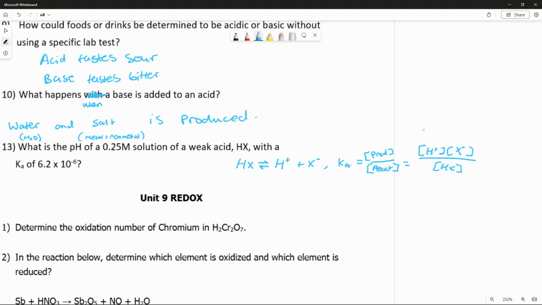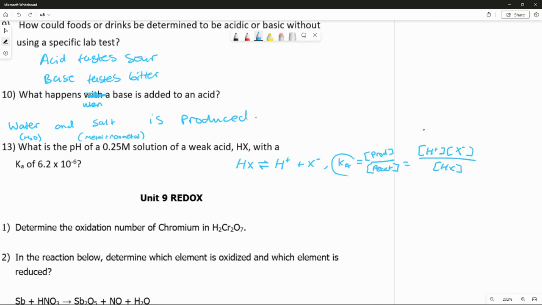Okay, we're looking for the pH. We're given that the molarity of the weak acid HX is 0.25, so we can replace the HX concentration with 0.25.